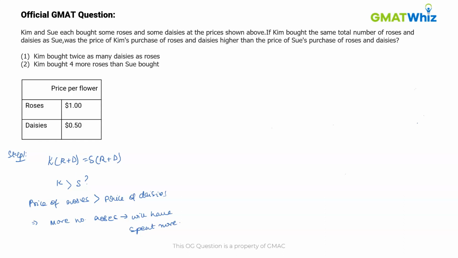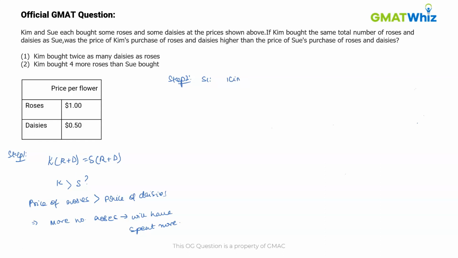Let's move on to step 2 and analyze statement 1. We basically have to look for information about who bought more roses from the two statements. Statement 1 tells us that Kim bought twice as many daisies as roses.